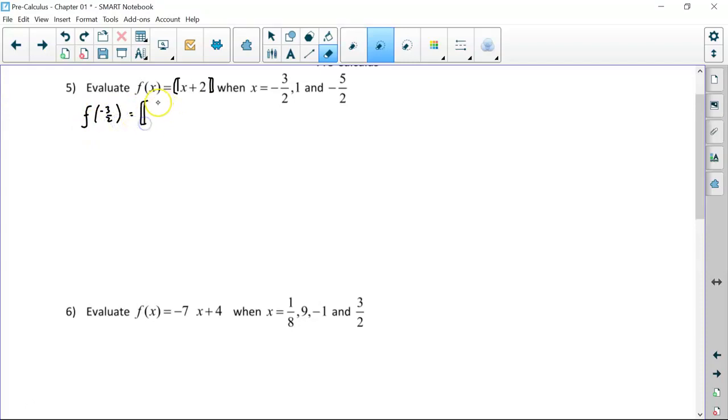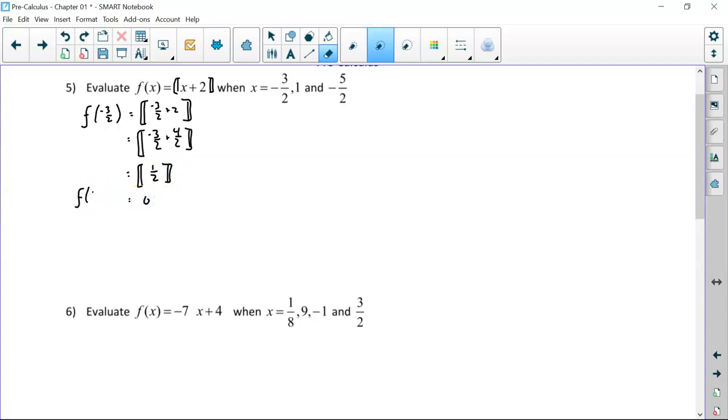The greatest integer function of negative 3 halves plus 2. Working with some fractions here. Greatest integer, negative 3 halves, and 2 over 1 is the same as 4 over 2. So it's plus 4 halves. So it's the greatest integer of positive 1 half. So the greatest integer less than or equal to 1 half is 0.